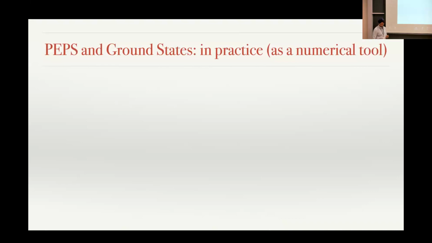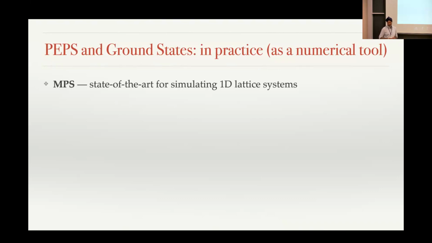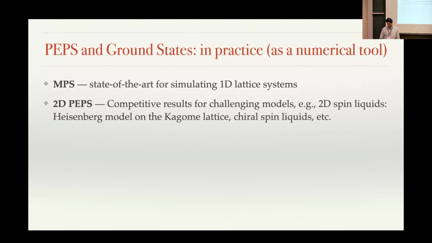Okay, so let me just mention a few important applications of tensor networks as a numerical tool, independent of the formal results. What have these methods been used for? MPS, or 1D PEPS, is absolutely the state of the art for simulating 1D lattice systems. It's the go-to method. It's the workhorse of the tensor network community. And it's made a lot of progress in the last 20 years for understanding 1D quantum many-body systems.